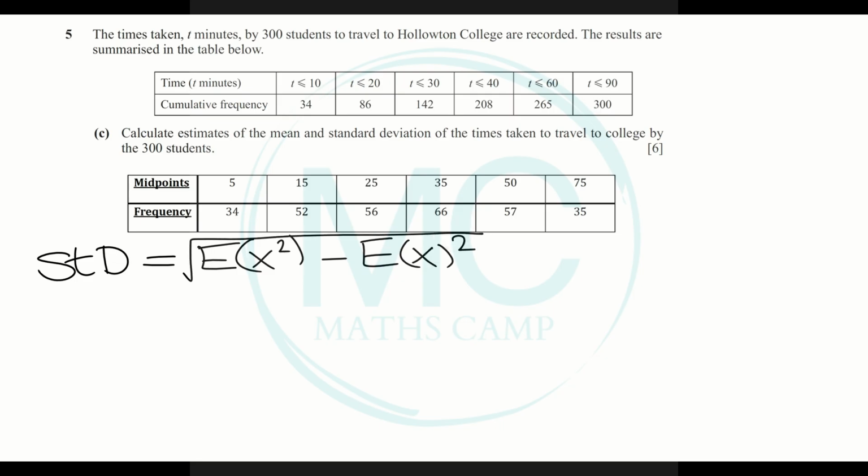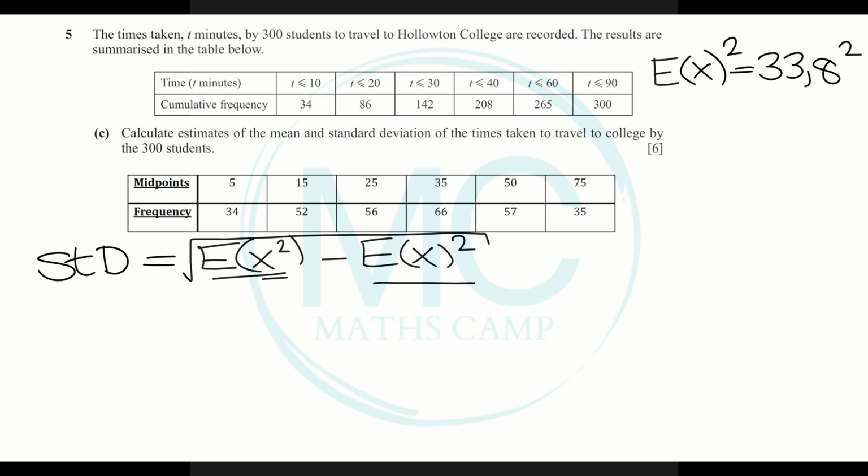Now, EX squared with the square outside of the bracket is the square of the mean. And we found that the mean is 33,8, which means EX squared is 33,8 squared. But we still need to find EX squared, where the square is inside the bracket.